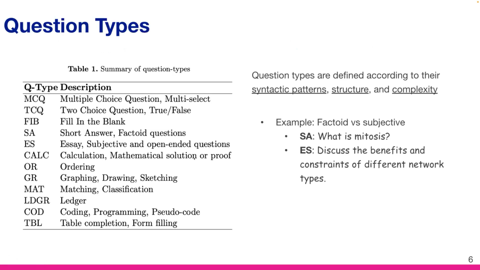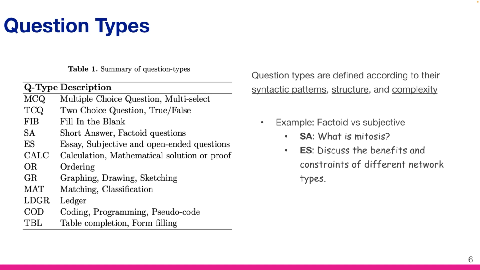So which types of questions are we looking for? We decide the question type according to the syntactic patterns, structure, and complexity. For example, we have questions that are factoid, like what is mitosis?